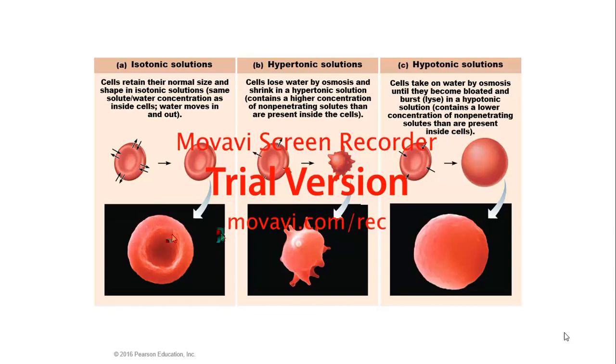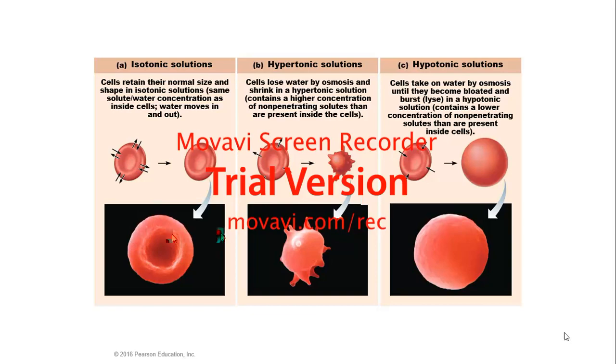Okay, so when it's only permeable to water and the particles can't move across it, osmosis is going to occur until equilibrium is reached, meaning the water is going to move from where it's highly concentrated to where it's lowly concentrated until equilibrium is reached, meaning you have the same concentration of solutes and water molecules on both sides, okay, but you're going to have unequal volumes of water on both sides. So the volumes of water aren't going to be the same, but the concentration of the solutes are going to be the same, if that makes sense.